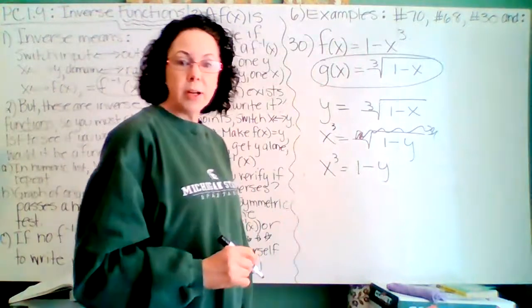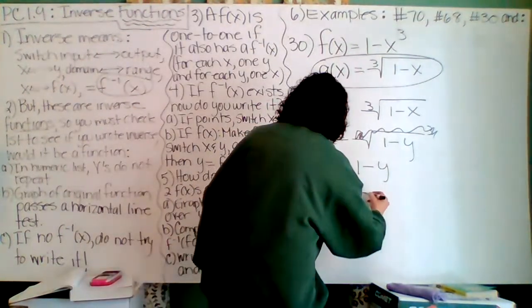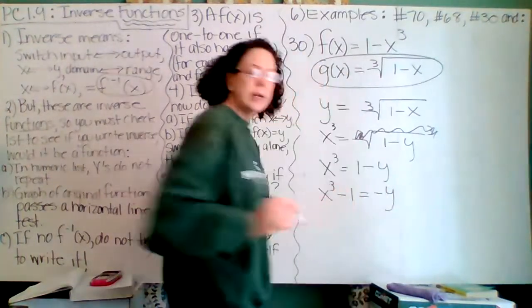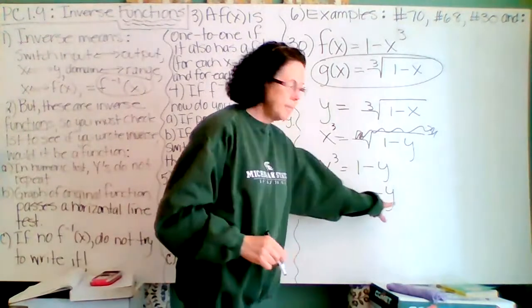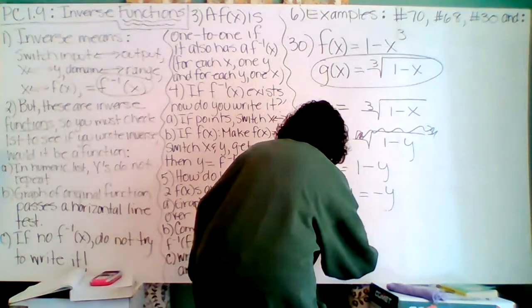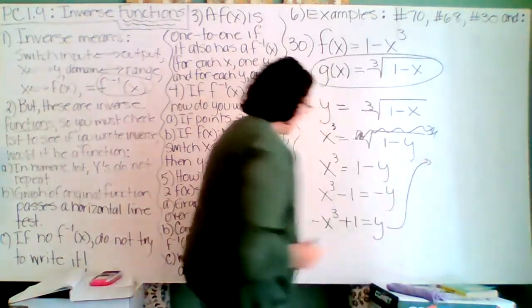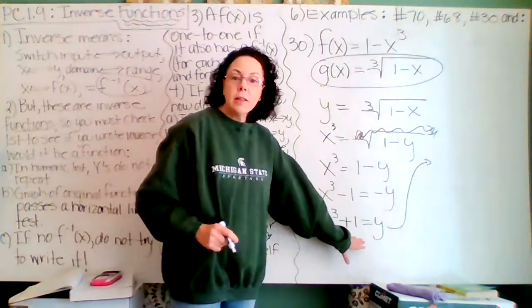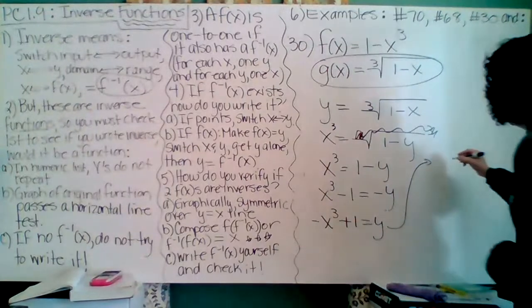Let's subtract a 1 from both sides. To get the negative off that y, let's multiply everything by a negative. Okay, and let's say that y really is an inverse function.